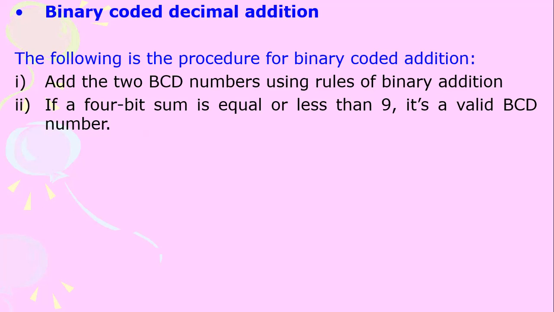In other words, once you have added two numbers, check if the 4-bit sum you have gotten is equal or less than 9. If yes, that will mean that the addition has generated a valid BCD number.